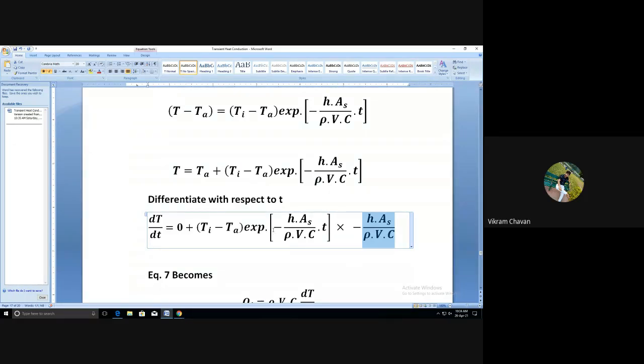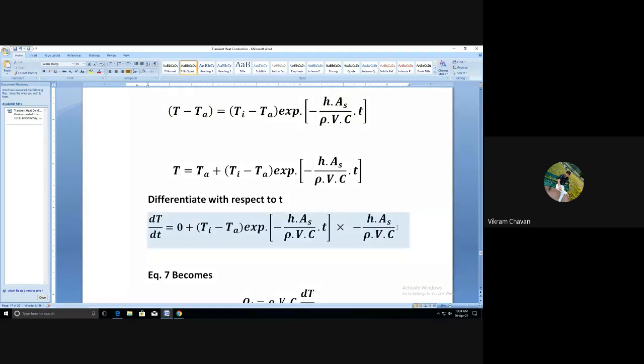Now what is the constant of the exponential term? Minus h multiplied by A suffix s divided by rho V c. This is the constant. We have to multiply by this, so that will be our differentiation. So multiply with the constant, minus h multiplied by A suffix s divided by rho V c.